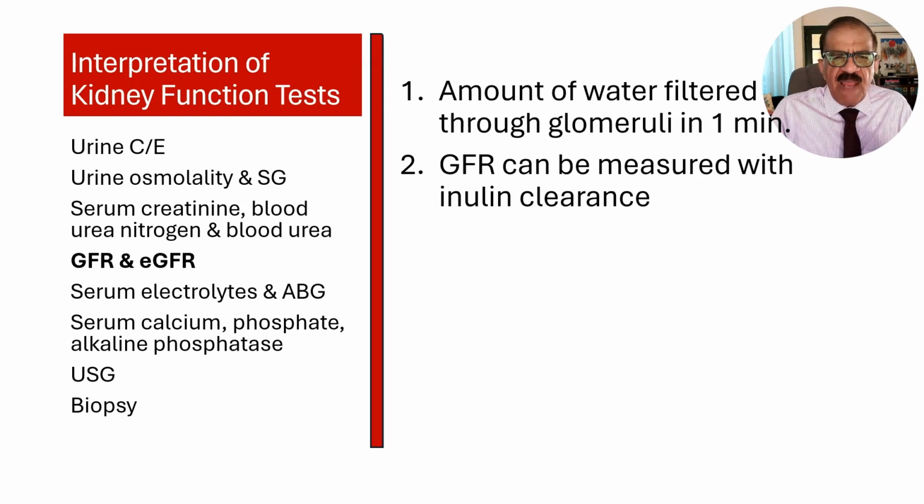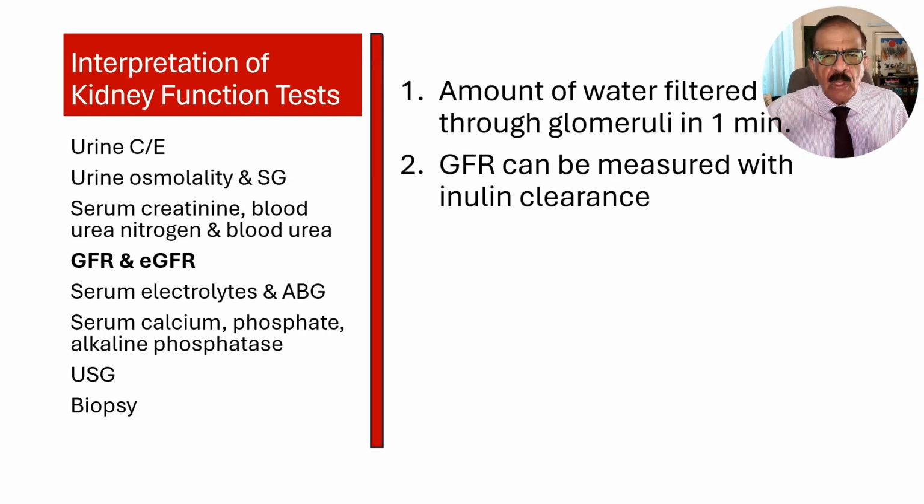Now I will have to give you a little background. Please bear with me. To measure glomerular filtration rate, we need some substance which, if taken orally or given intravenously, is not metabolized in the kidneys or the liver, and is filtered through the glomeruli without any obstruction.